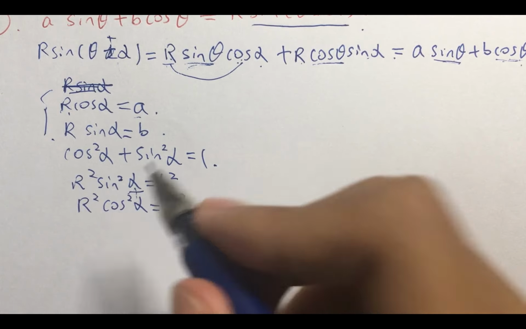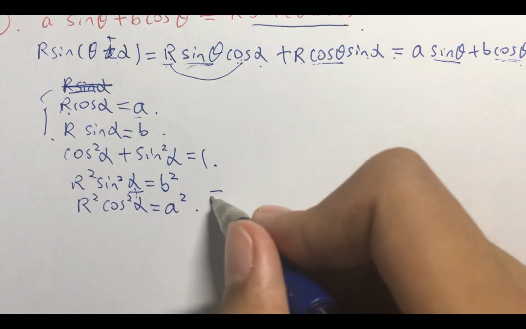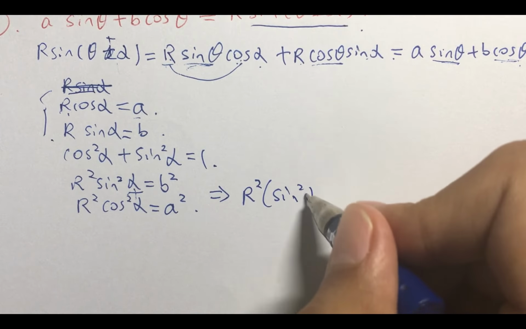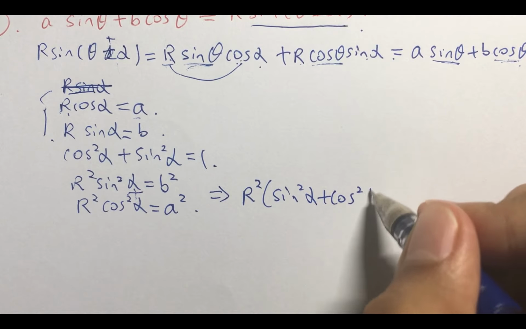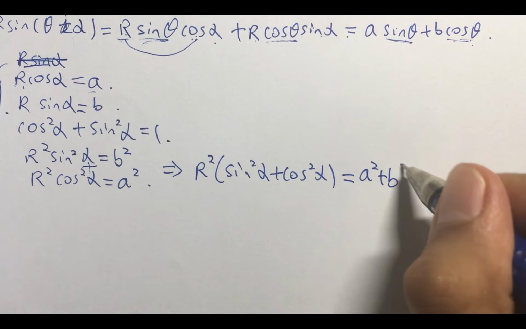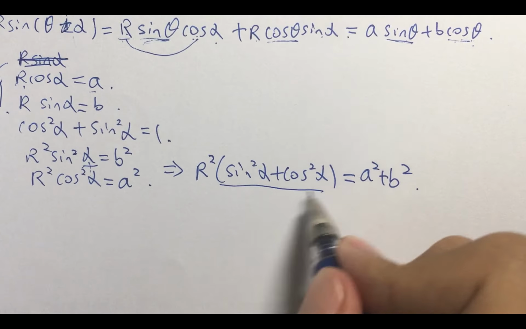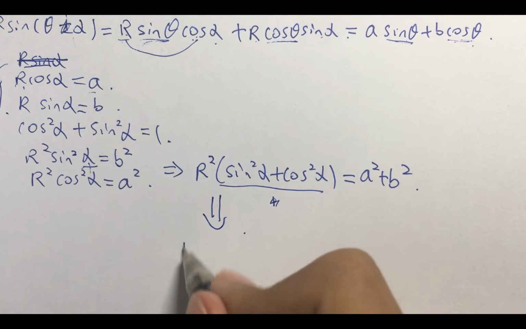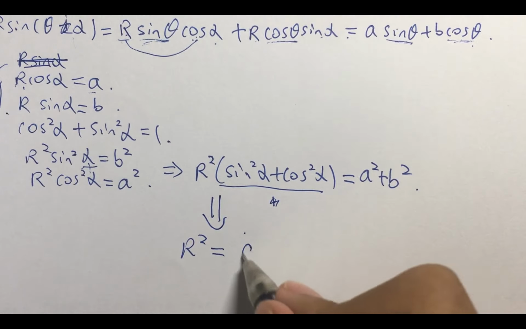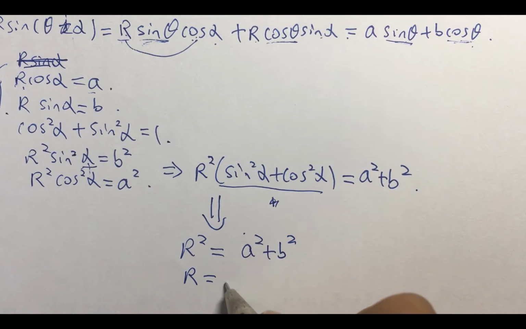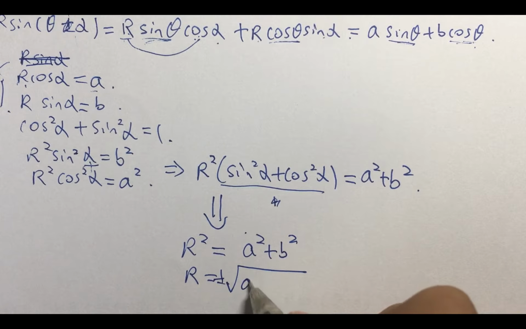Adding these two equations, r squared times sine squared alpha plus cosine squared alpha equals a squared plus b squared, and this is equal to 1, which means r squared is equal to a squared plus b squared, and r is plus or minus the square root of a squared plus b squared.